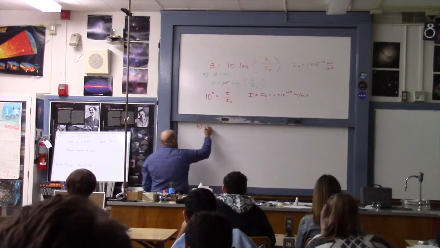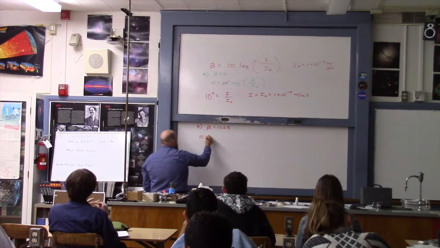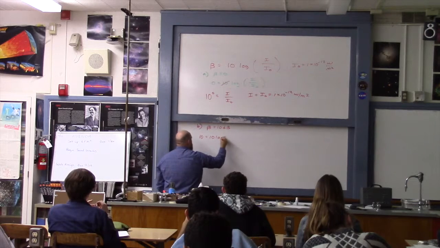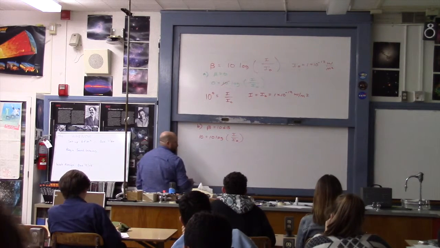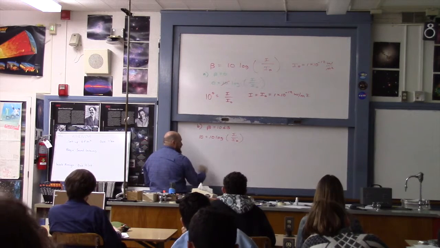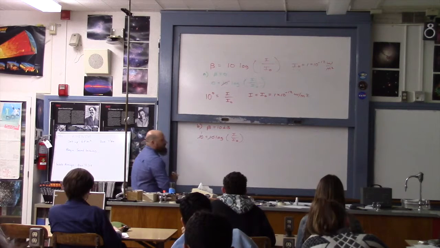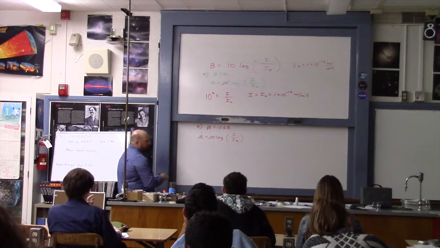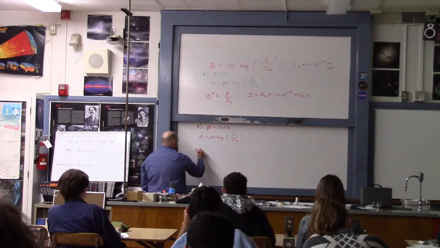For part B, beta is 10 decibels. So put it here on the left-hand side of the expression, like so. And then once again, just solve for I. Divide out the 10 here on both sides. When I do, I end up with a 1 on the left-hand side. And then go from logarithmic once again to exponential form. So the left-hand side ends up being 10 to the first power.